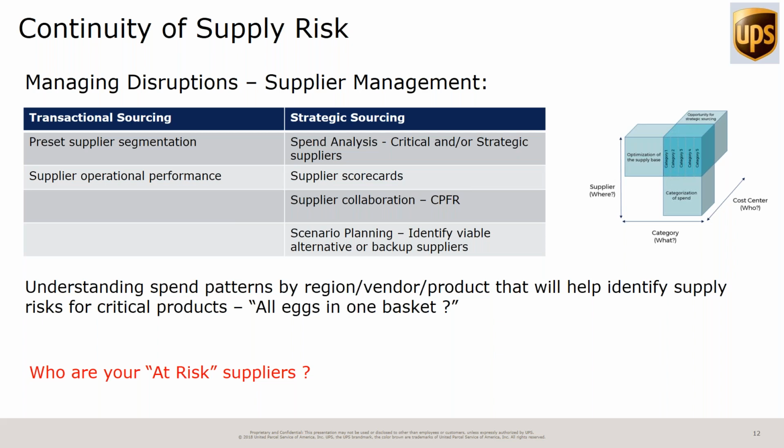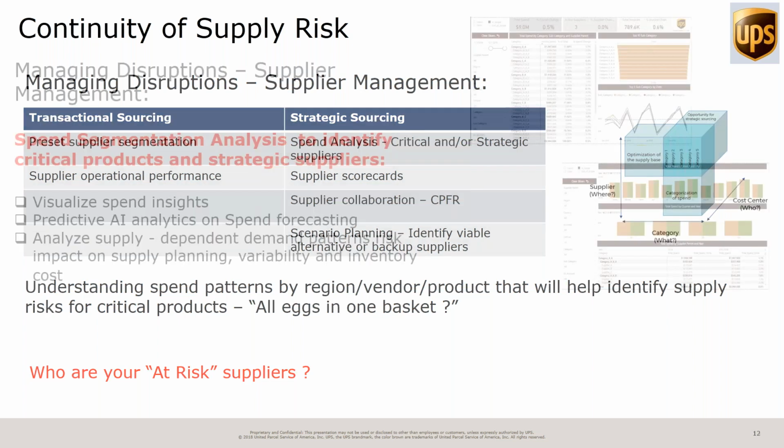So really, starting with the spend analysis, understanding the spend patterns by region, by vendor, and product will really help you identify the supplier list for critical products wherever you might have all of the eggs in one basket, and really understand who your at-risk suppliers are.